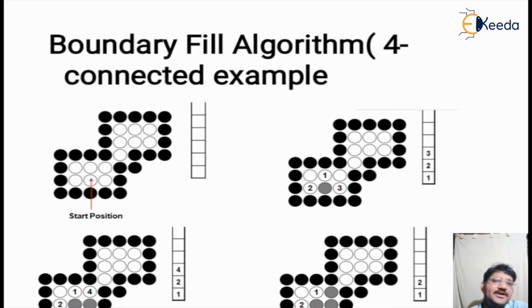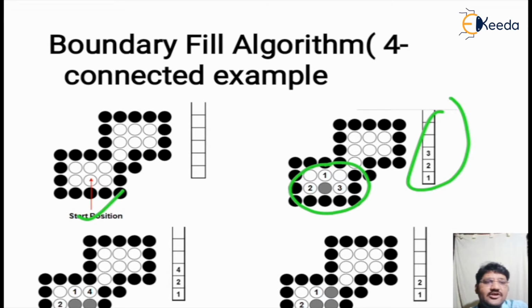For example, we can understand by this. In this, first we select a start pixel or seed pixel. Then in the stack we store the neighbors of the seed pixel. Here we are using the 4 connected method, so we store 4 neighbors of the seed point.